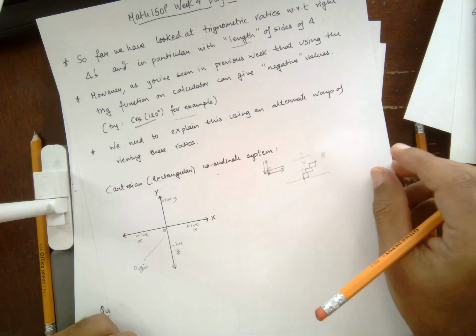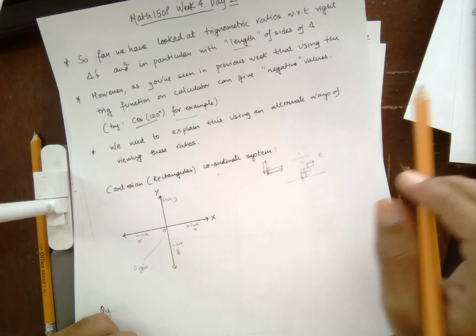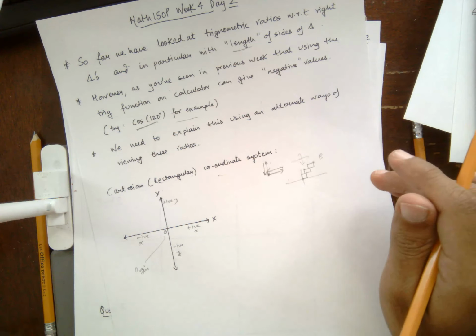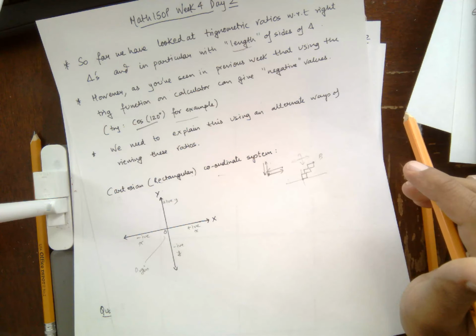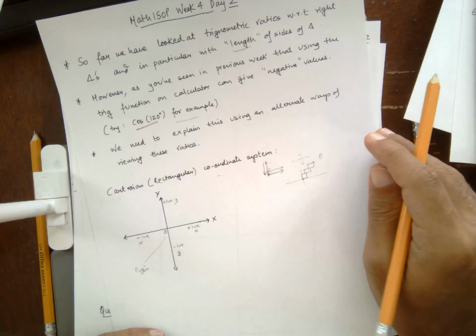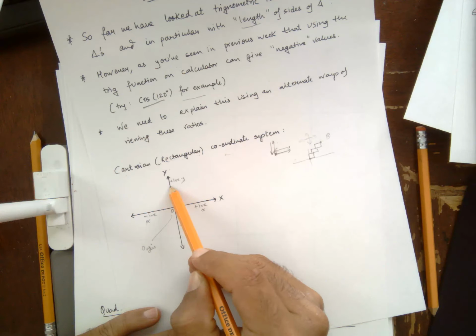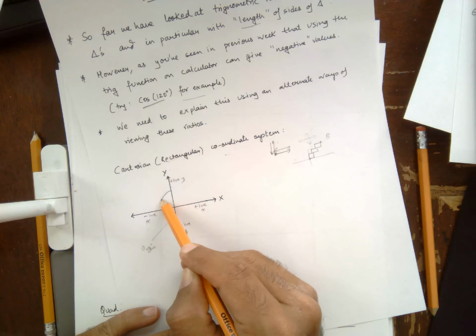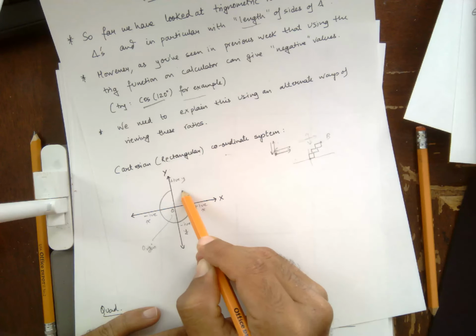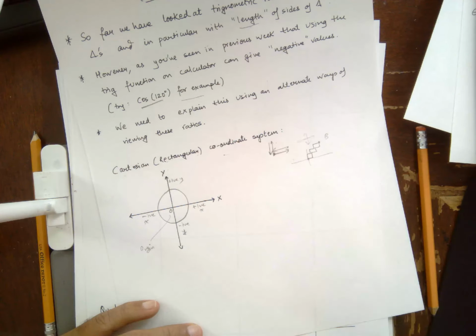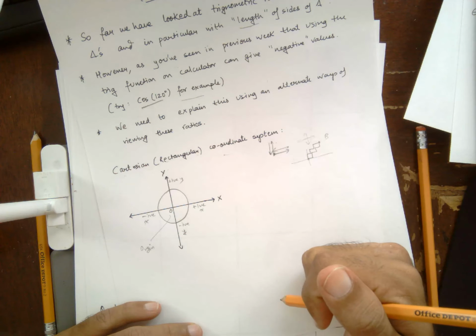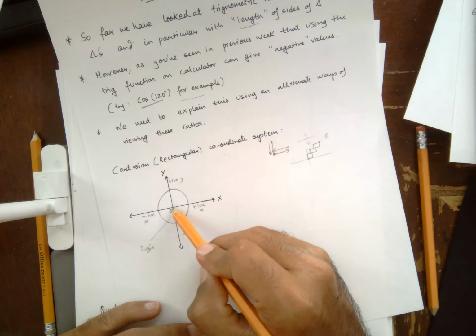Okay. Now that we have the system in place, we need to somehow put a right triangle in there and look at the nature of these ratios. What I'm going to do here is put a circle. Now there are some nice things associated with the circle, and that's why I'm putting in a circle.